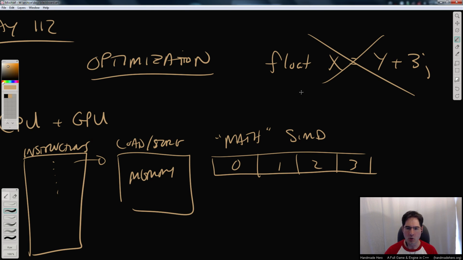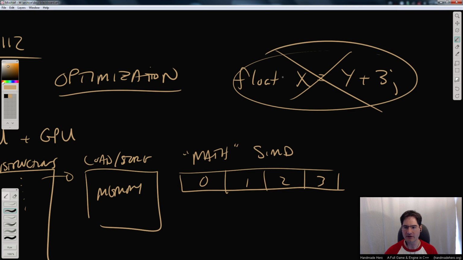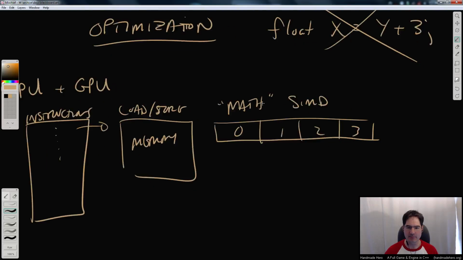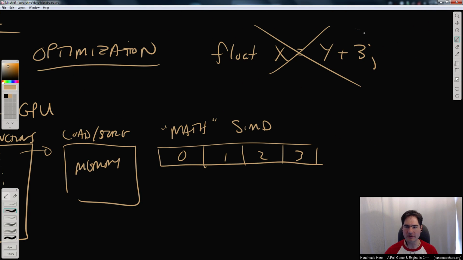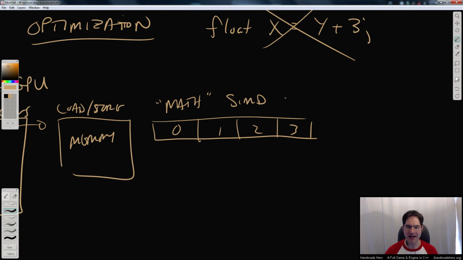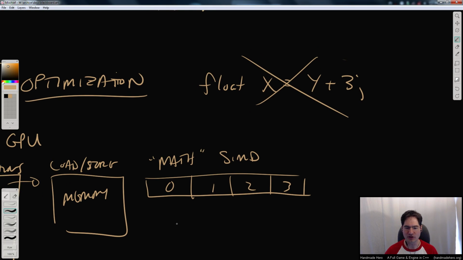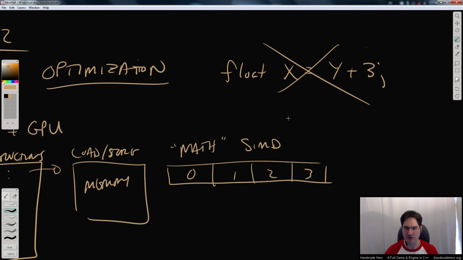What will actually happen 99% of the time these days is that the processor will do this operation on 4 floating point values. It'll do 4 x's equals 4 y's plus 3 replicated 4 times, and it will simply throw away 3 of the results and keep only 1 of them. I'm not joking, this is really true.